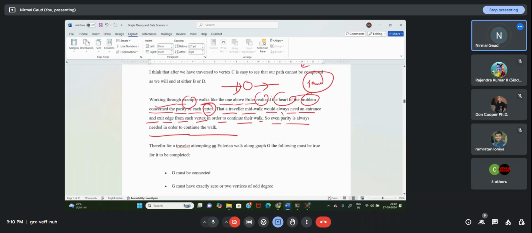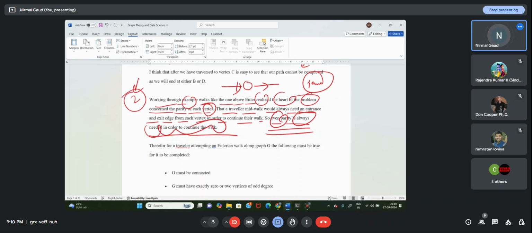Why even? There should be one incoming and one outgoing, so there should be two edges. Two means it's even. It can be four also, but generalized, he said even parity. Every node should have an even parity.